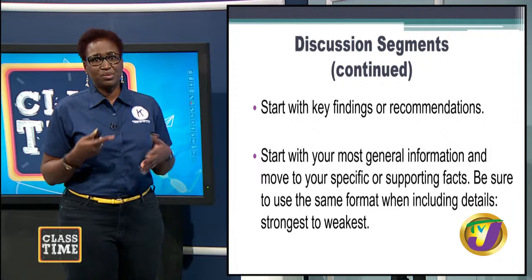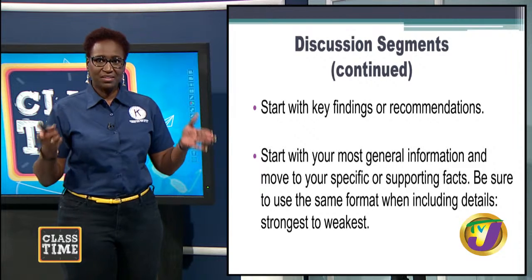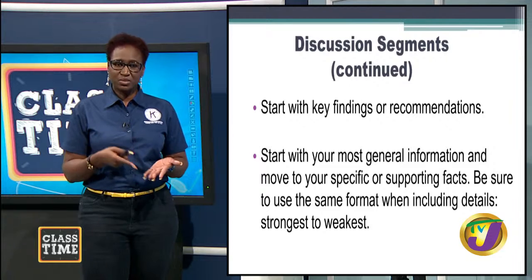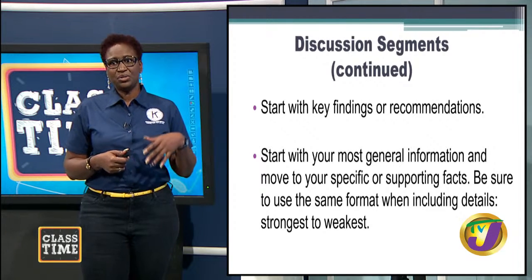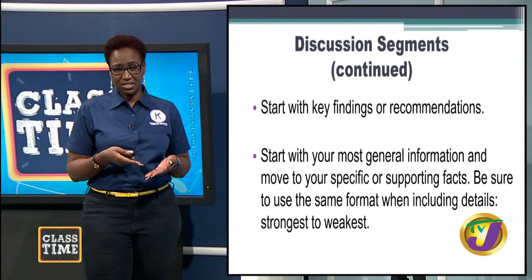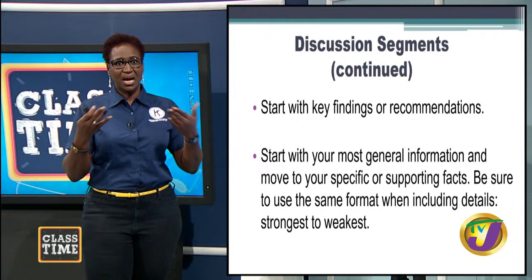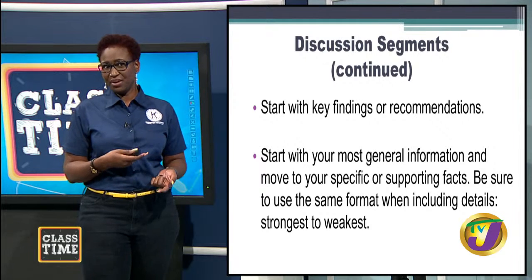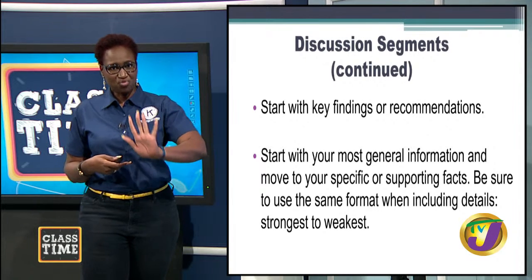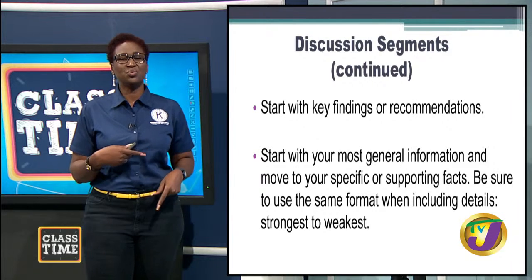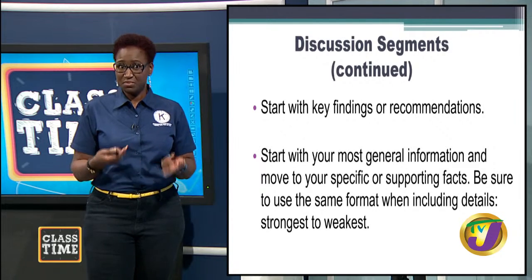So you're going to start with the most general information first, and then you focus, narrow it down. So you give your supporting details, and you can use the same idea when you're giving the details as well. Start with the strongest point and work down to your weakest point. And this actually works for any type of essay you're writing. Come out strong, because just in case you don't get to finish, you want to know that your strongest points have been made.